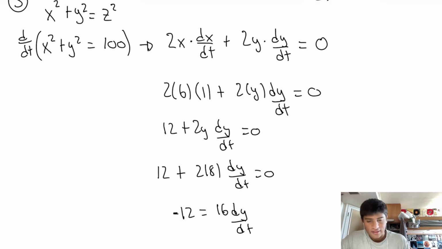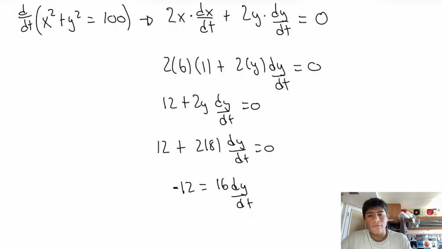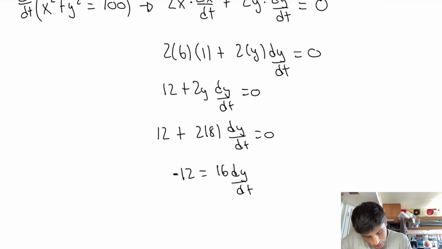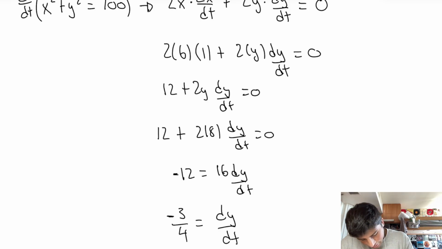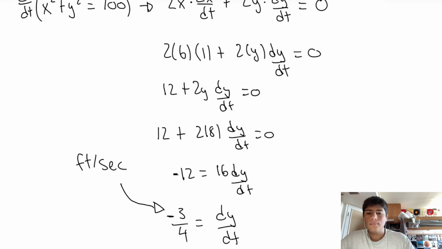Divide both sides by 16 and we get negative 12 over 16, which is negative 3 over 4. And the units are feet per second. y is in feet and t is going to be in seconds. And this is going to be our final answer.